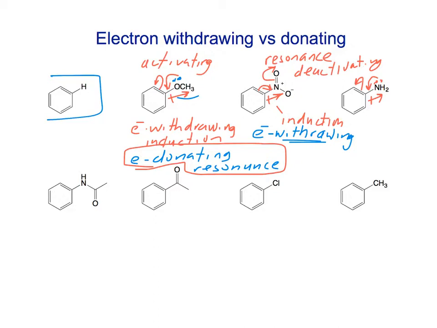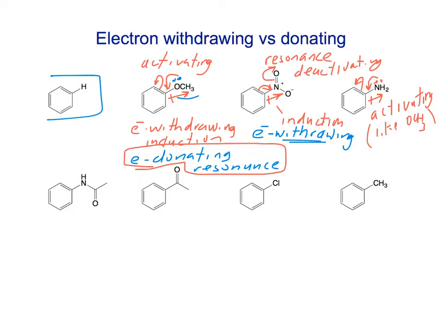And so this is essentially a situation very similar to the oxygen over there. In fact, nitrogen is less electronegative, so it's less withdrawing, and it's actually a better donating group. So this is a strong activating group. So it's essentially like the OCH3 that we already did.